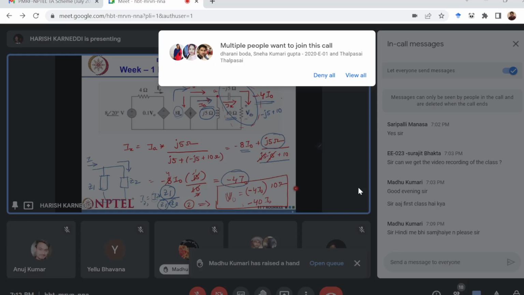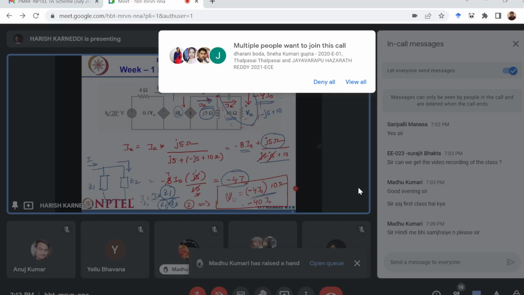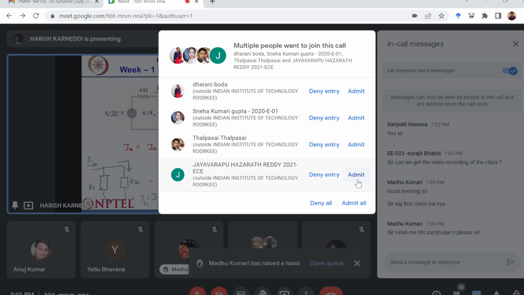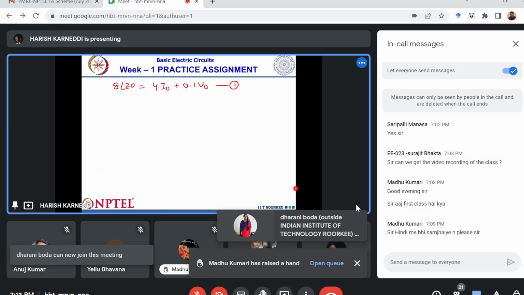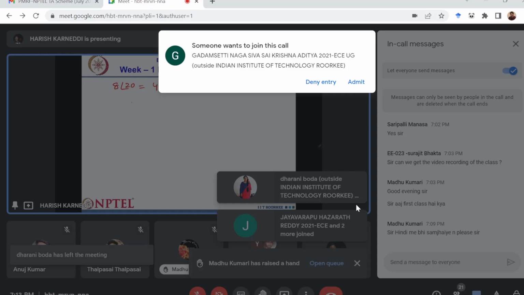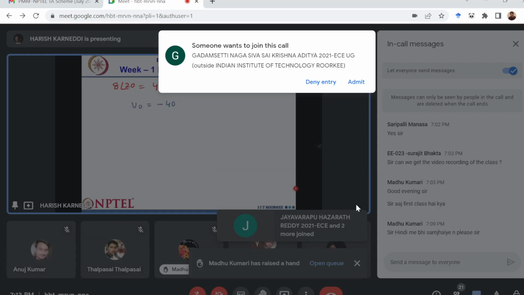So V naught equals minus 4 I naught into 10 ohm, that equals minus 40 I naught. It's clear, right? V naught equals minus 40 I naught.